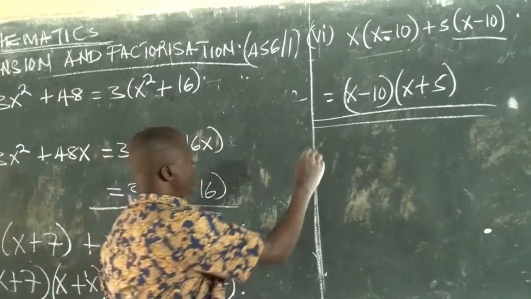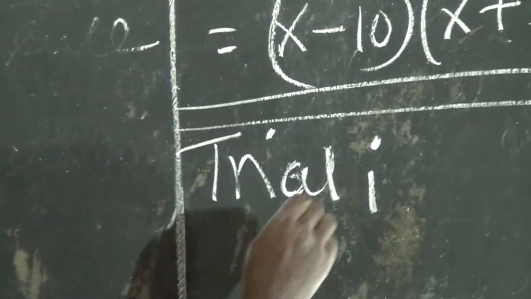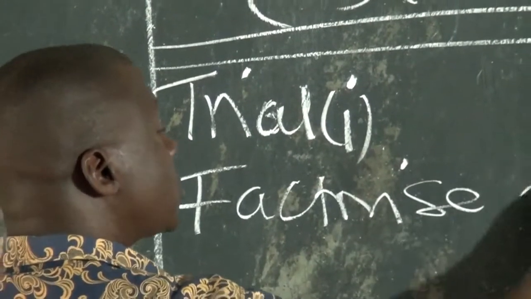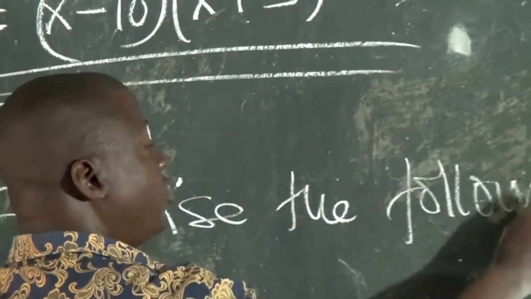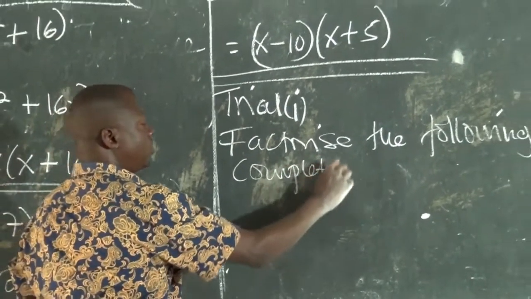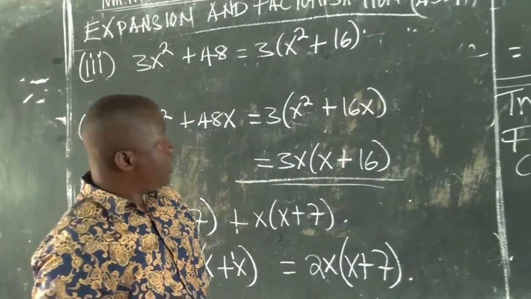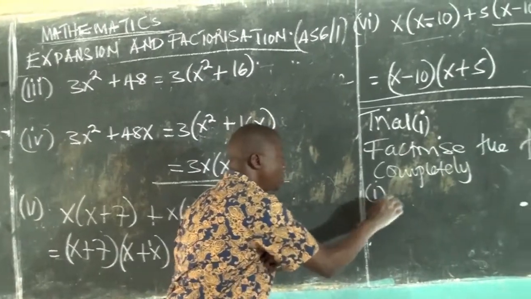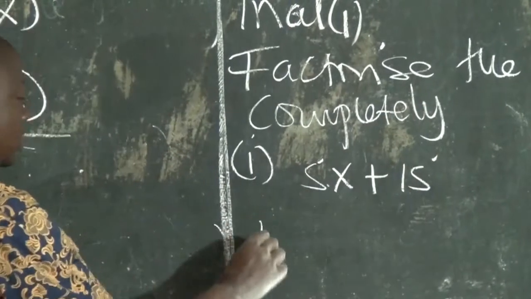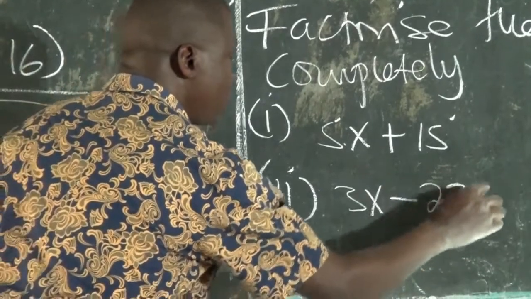Allow me to give a trial here. Trial 1. Factorize the following completely. Case 1. We have 5x plus 15. Case 2, we have 3x minus 27.